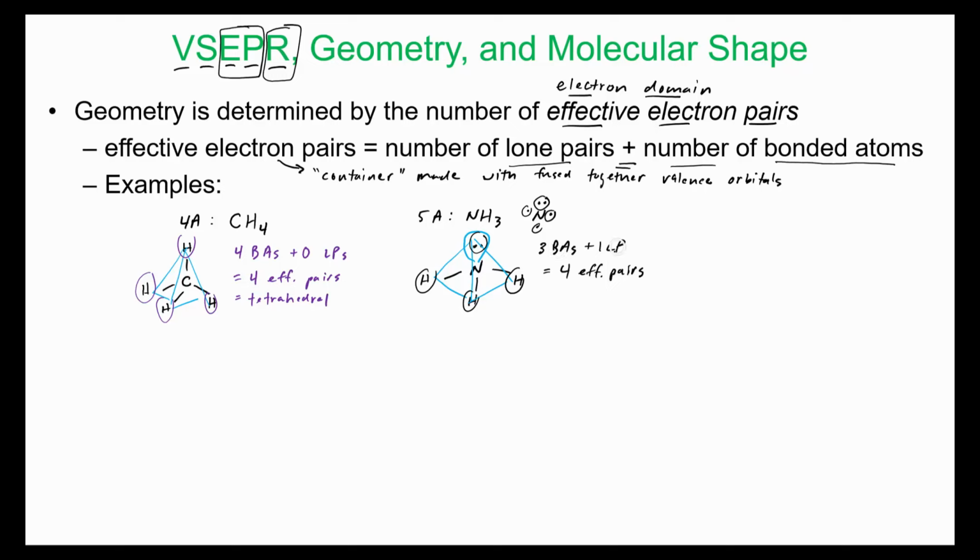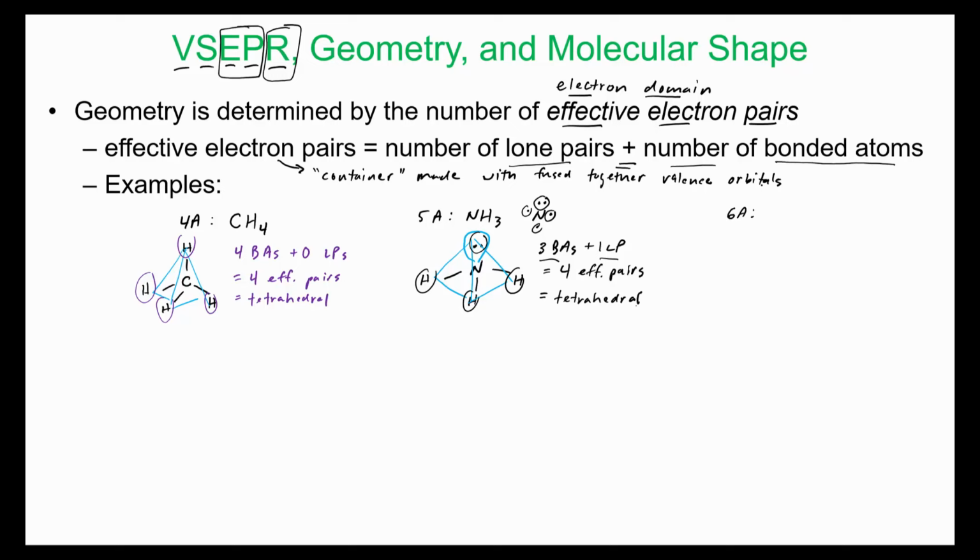So 3 bonded atoms, 1 lone pair, the same number of effective pairs, so the overall geometry is a tetrahedral. And if you have a tetrahedral where you have 3 bonded atoms and a lone pair, the overall molecular shape is called a trigonal pyramidal shape.